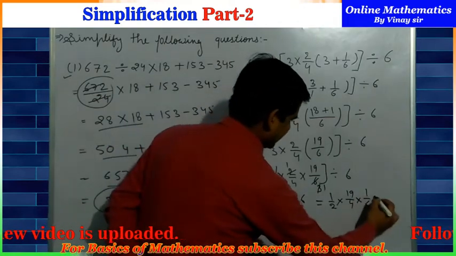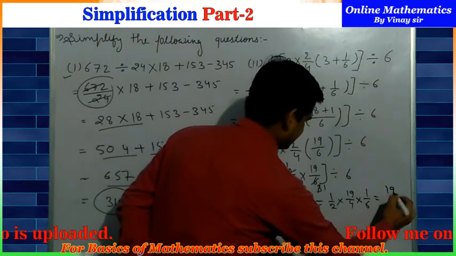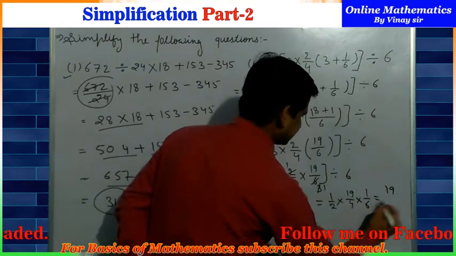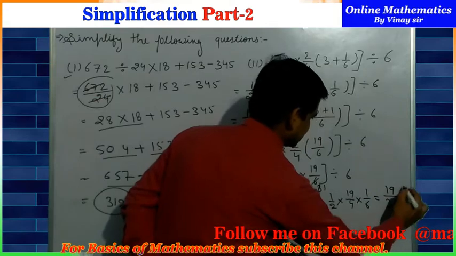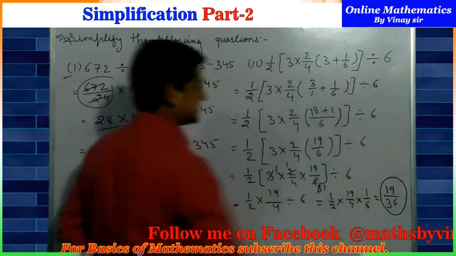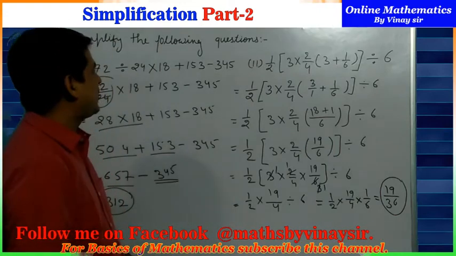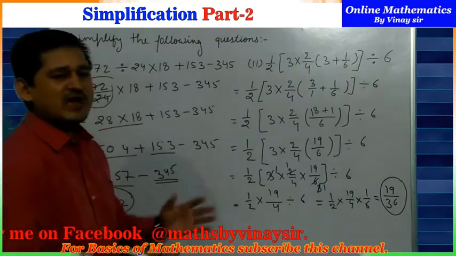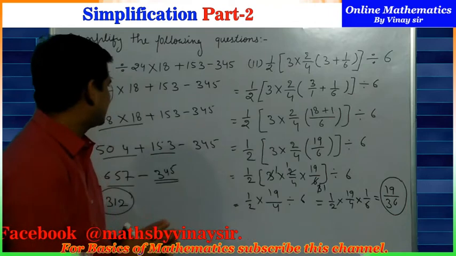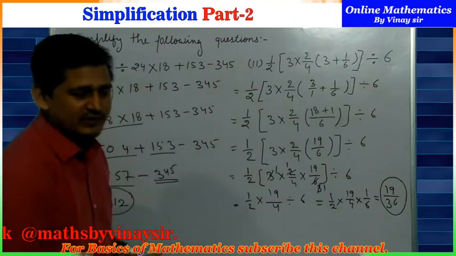Now 4 twos are 8 and 6 sixes are 36. So 19 upon 36 will be our answer. Students, this is the way we can simplify a question when we have fractions. Quickly we will take one more example.